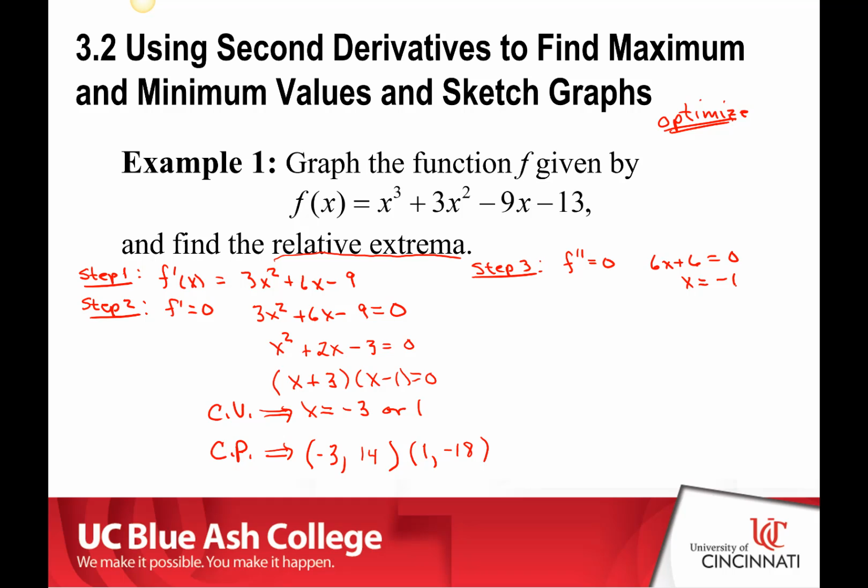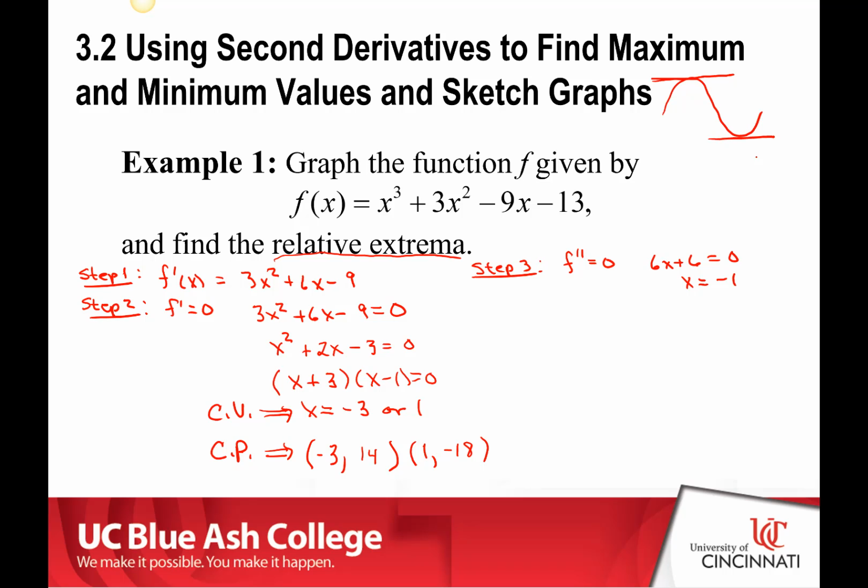Now, you've got to be careful. The first derivative equals 0 means where are the slopes 0? The slope is going to be 0 at one of 3 points. The slope could be 0 up here.